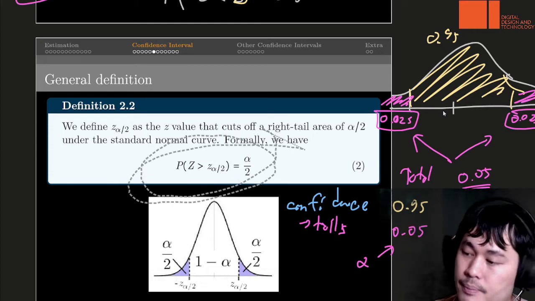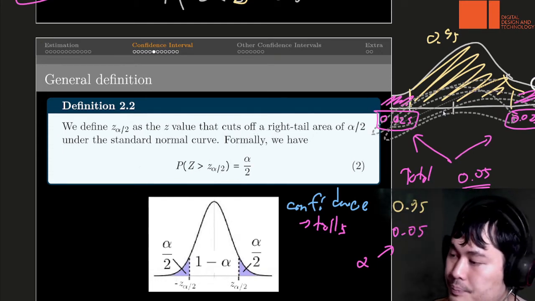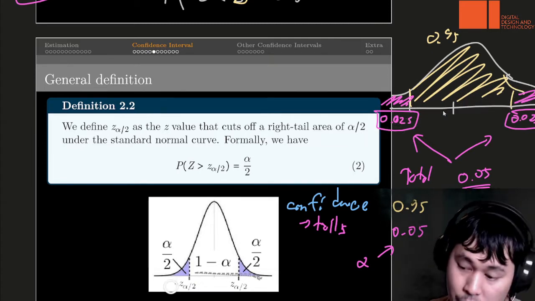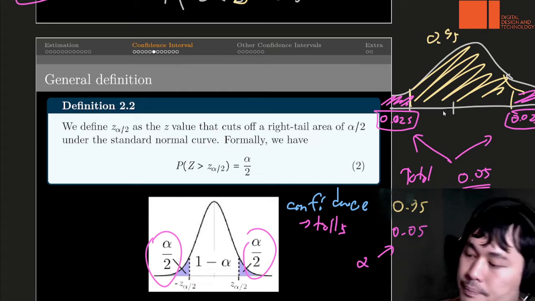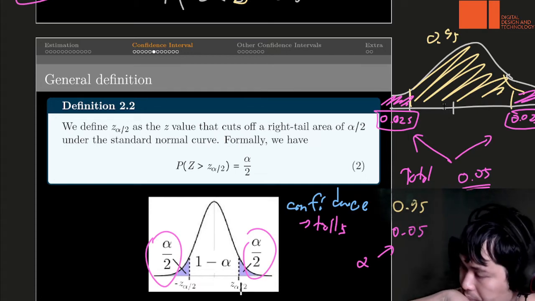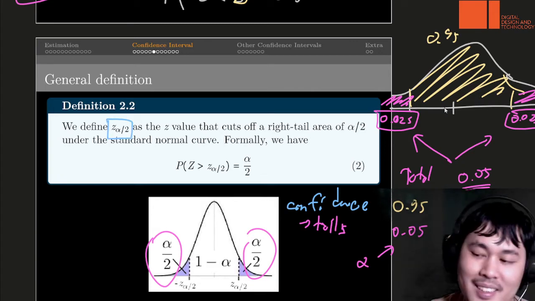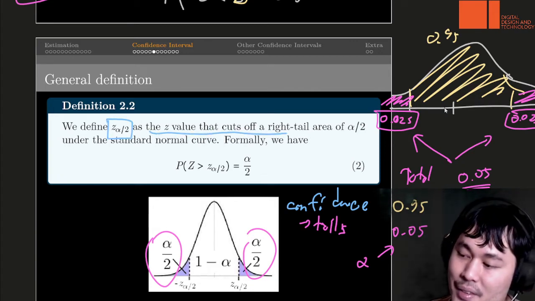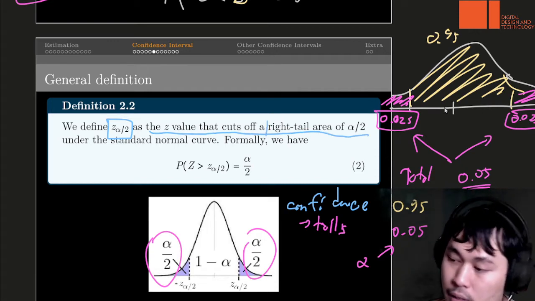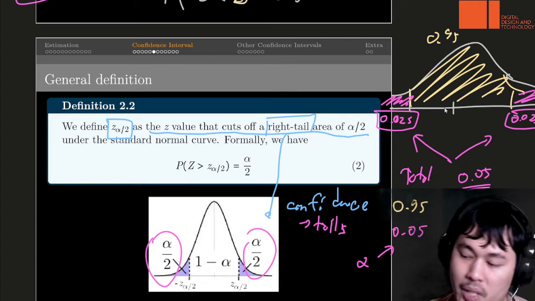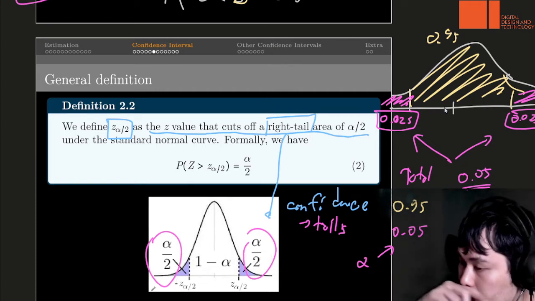In this definition, the alpha is the area of the tails. And since there are two tails, the area for each tail is alpha over 2. And then we define z of alpha over 2 as the z value that cuts off a right tail area of alpha over 2. Notice the word right, we're just looking at one end, because they have the same size anyway.